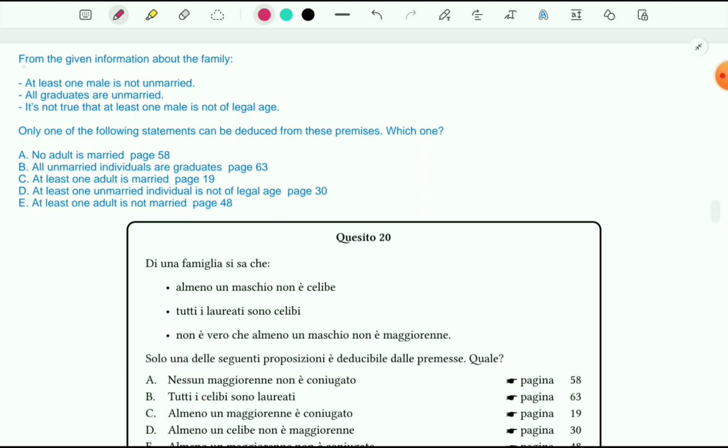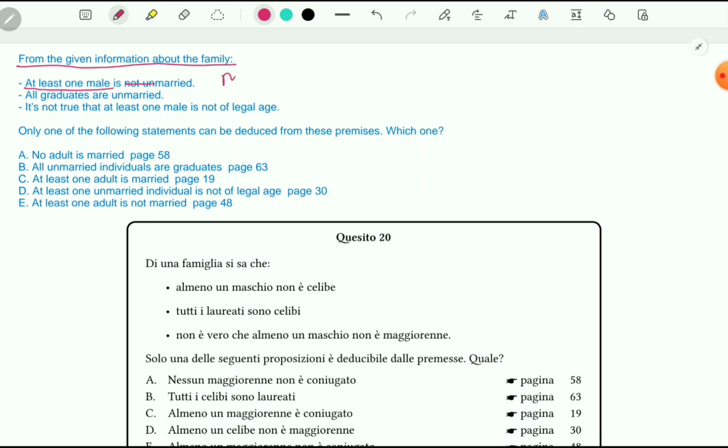Let's solve this problem. From the given information about the family, we'll learn about a particular family. At least one male is not unmarried. Okay, so we can just cross out the not and un, then it becomes at least one male is married, right?